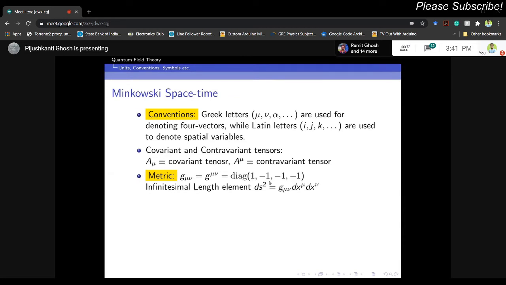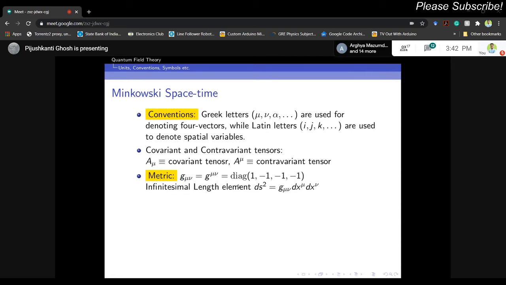All of you will be following some kind of notes or books or web materials. You might face a situation where the metric is completely different from this. If it is different from this, what you will encounter is that this first one is minus and all three are plus. But that will not change the physical result or physical output.